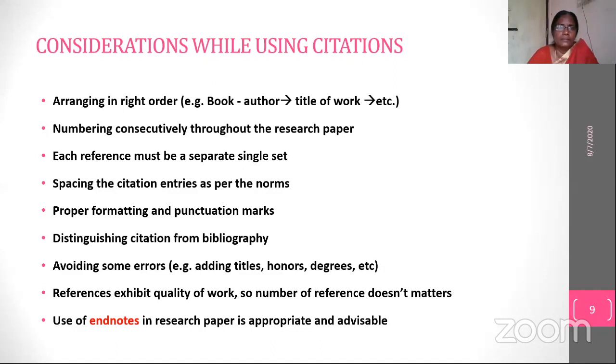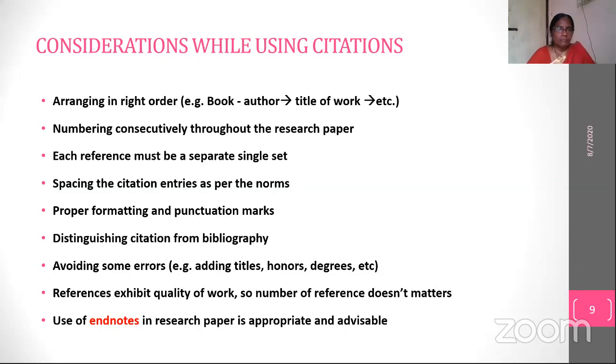Whatever the reference may be, a GO, or a statement from a book, etc., it should be arranged in the right order. For example, if it is a book, first author, and then title, etc. Whether it is a primary or a secondary source, it must be arranged as per the direction of the manual.